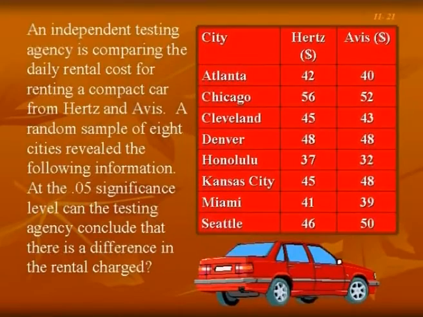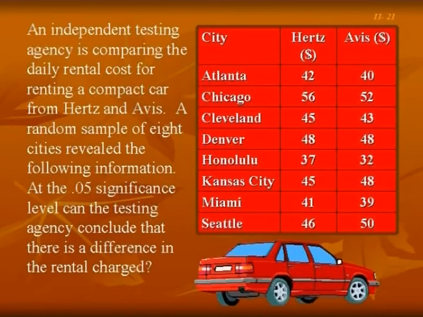An independent testing agency is comparing the daily rental cost for renting a compact car from Hertz and Avis. These are the two renting agencies. A random sample of 8 cities revealed the following information at 5% level of significance. In the first column we have the different cities, and in the second and third columns we have the two rental agencies.